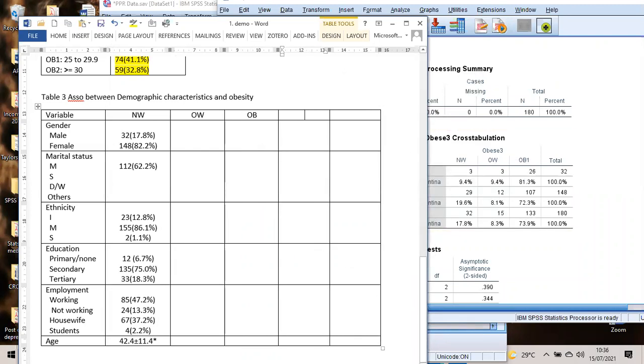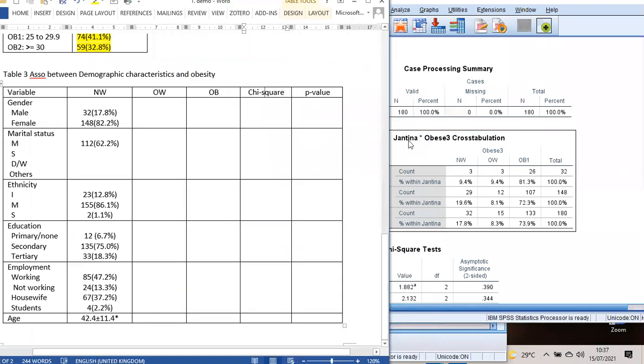So this will be your chi-square value, that is chi-square. And there will be a p-value. Okay, chi-square and the p-value. So we're going to report this first one, gender.